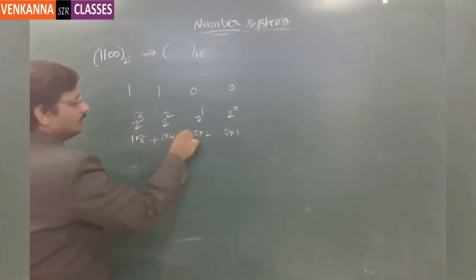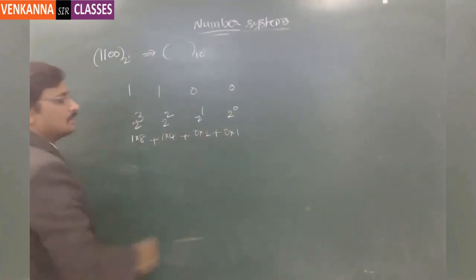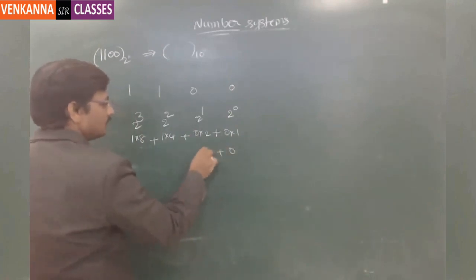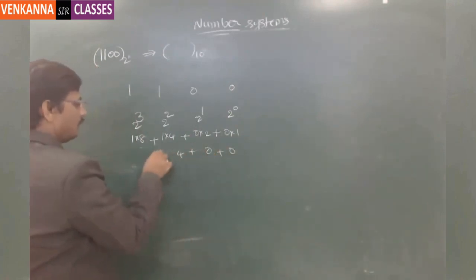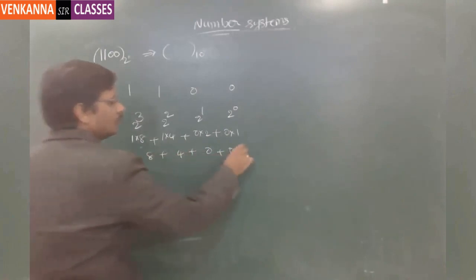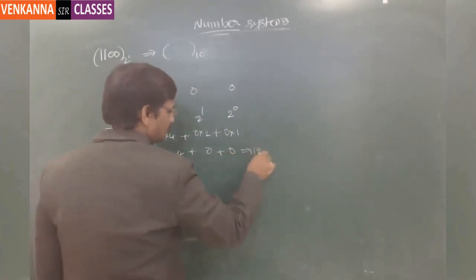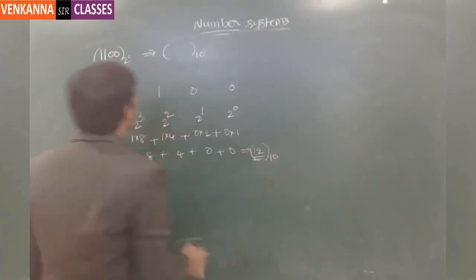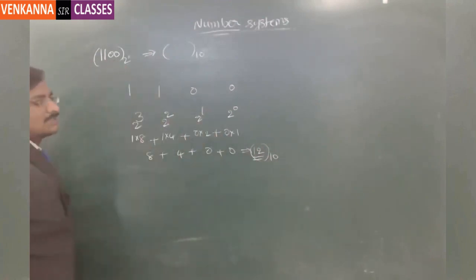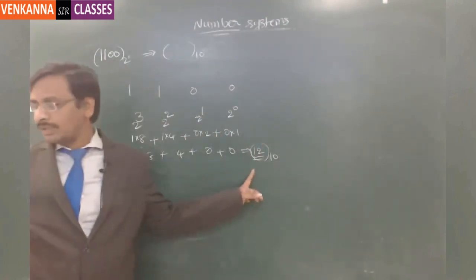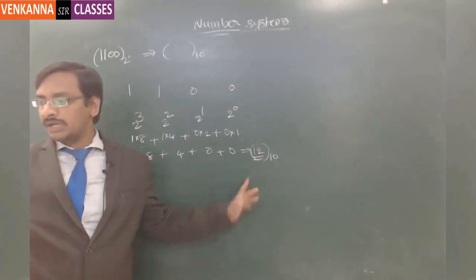Put a plus in between and add all these numbers. So this is 0, 0, 4, and 8. So 8 plus 4 is 12. So this number you can write as 12 base 10. Got it? This is how you can convert.